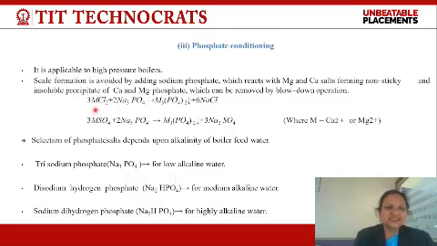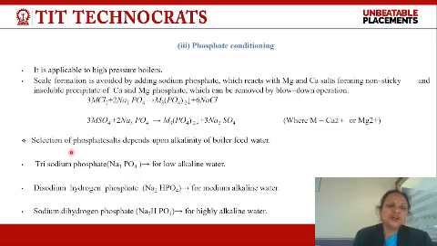You can see this reaction: when metal chloride reacts with sodium phosphate, it gives metal phosphate and sodium chloride. When metal sulfate reacts with sodium phosphate, it produces metal phosphate and sodium sulfate. These metal phosphates are insoluble, non-sticky precipitates which can be removed by blowdown operation.